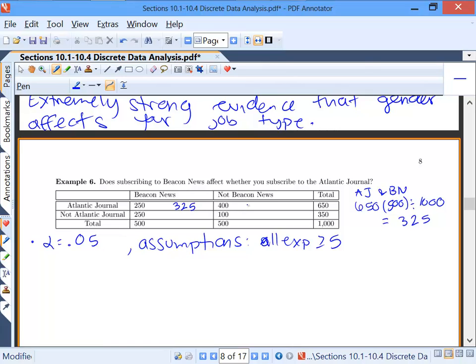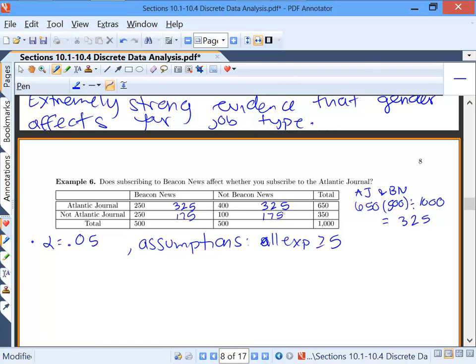So for not Beacon News and Atlantic Journal, I need 650 times 500 divided by 1,000, which gives me 325 as well. For my next one I have 350 times 500 divided by 1,000, which gives me 175, and 350 times 500 divided by 1,000 gives me 175.